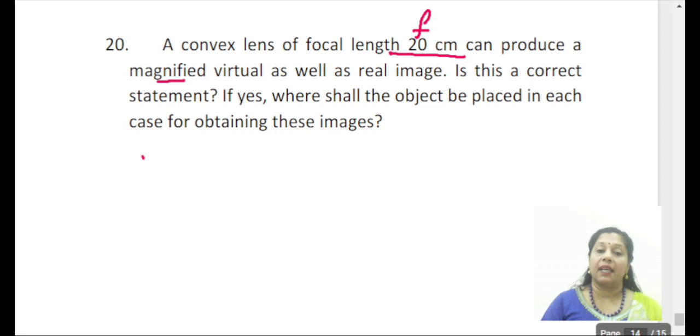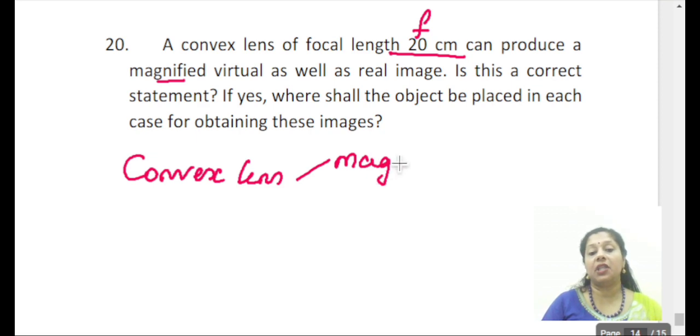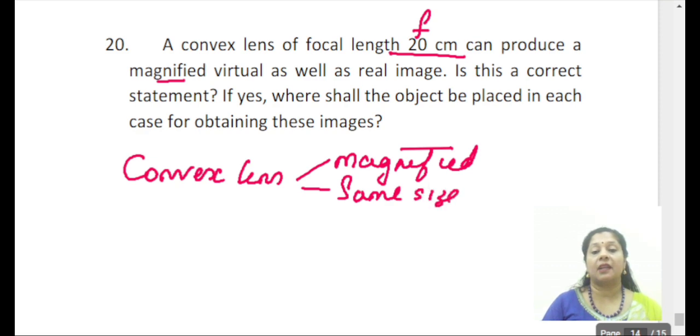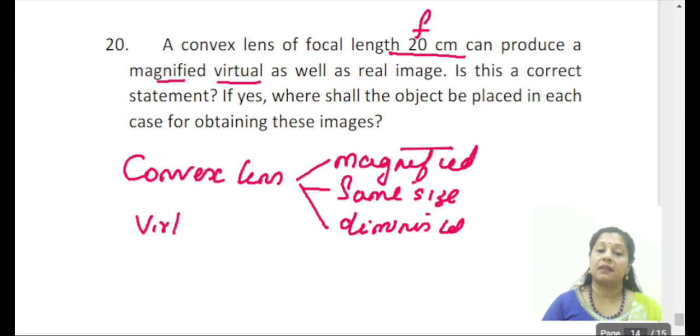We know that a convex lens can produce a magnified image, same size, or diminished image, and it also can produce a virtual image, erect and virtual, and real and inverted.